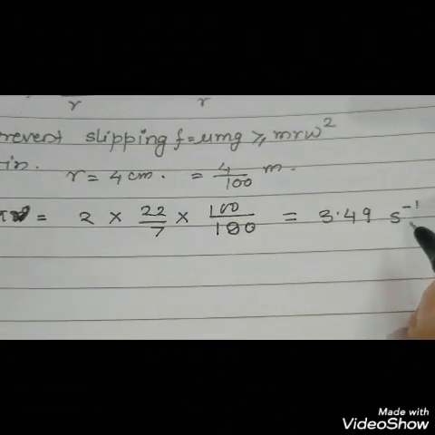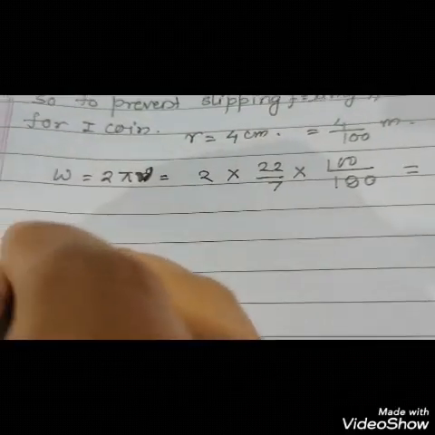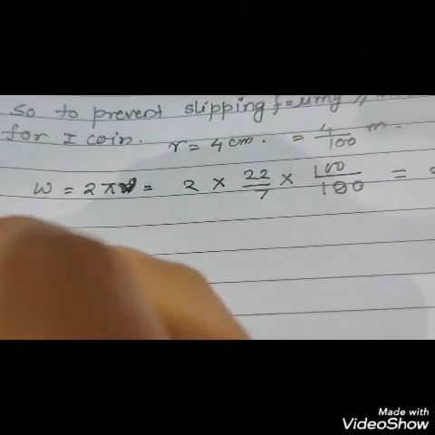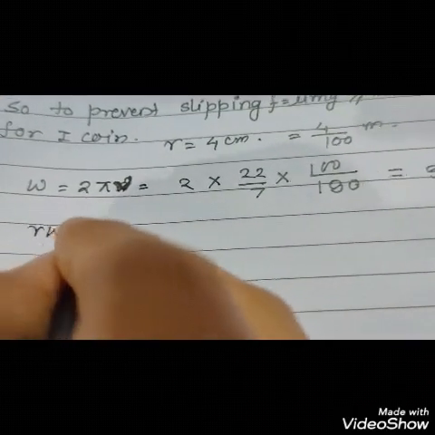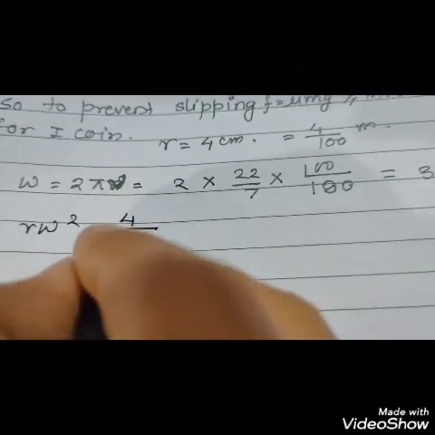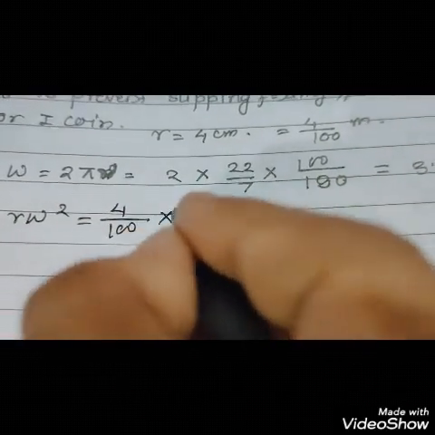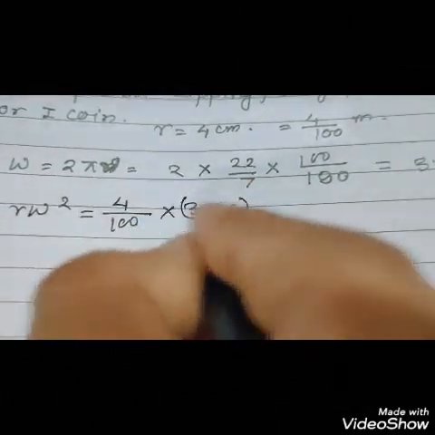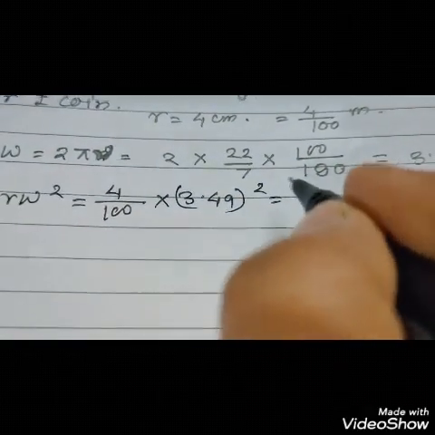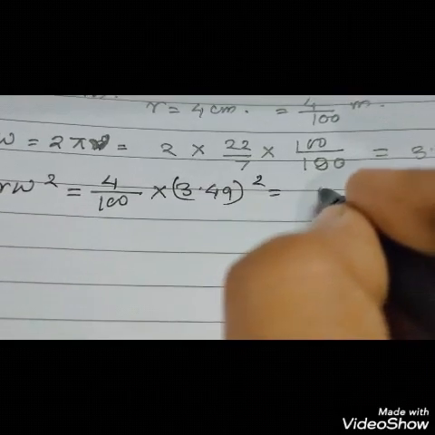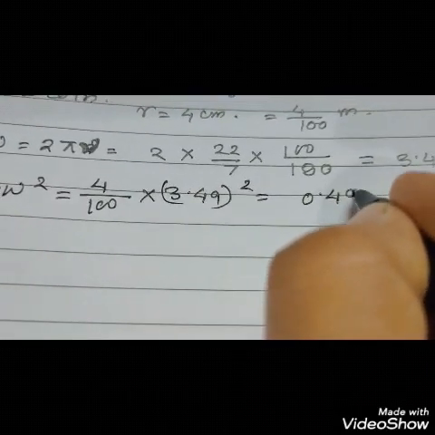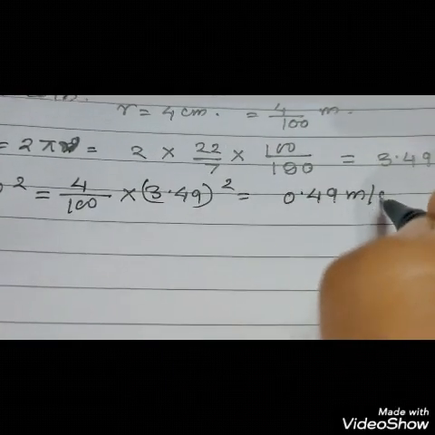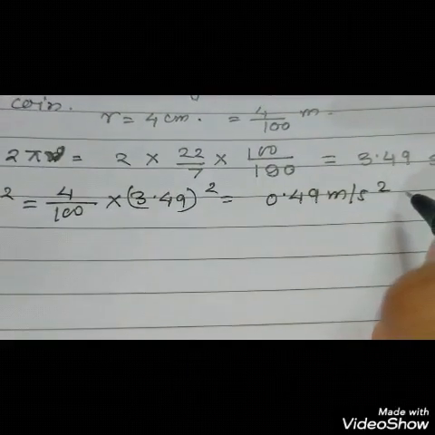That means we'll say here R omega square is 4/100 into 3.49 the whole square, which, if you calculate, will come 0.49 meter per second square.